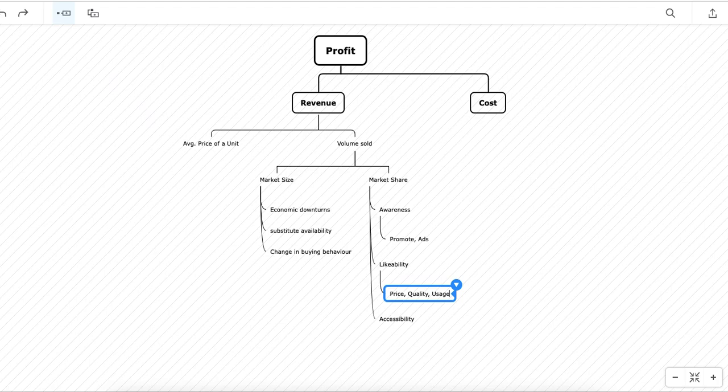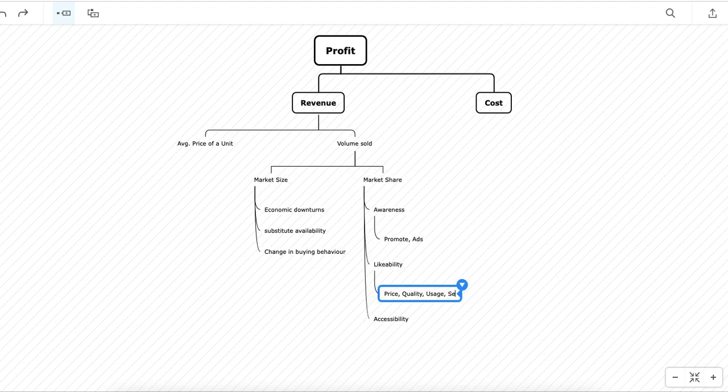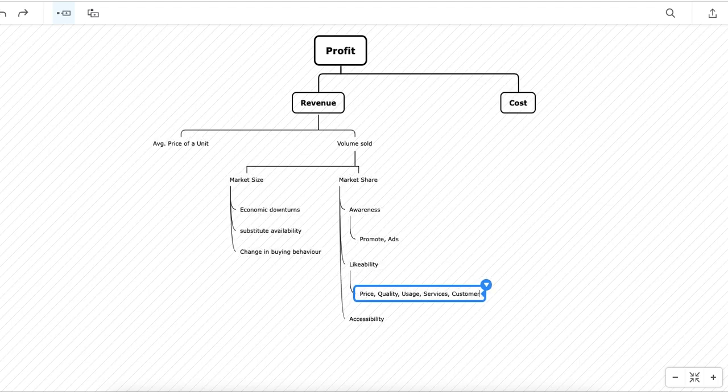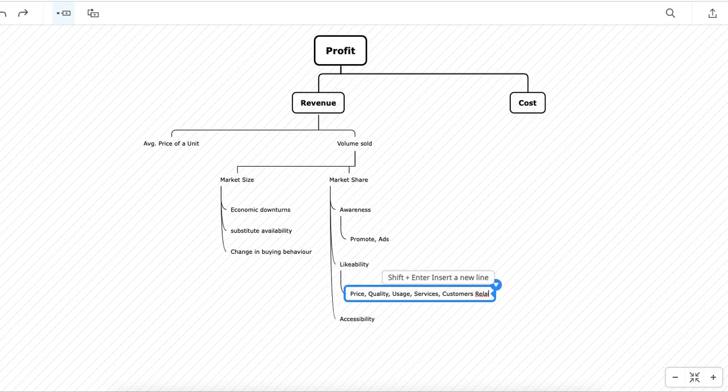So just a crude example, but I hope you guys got it. Yeah. So for likability, price, quality, usage, or maybe services. So let's say you're buying a two wheeler or four wheeler, then services are very important for you. And if any returns or maintenance needs to happen in the product, then customer service also becomes very important.